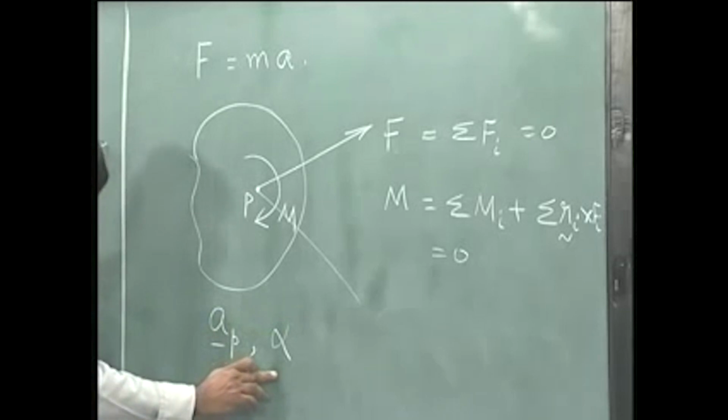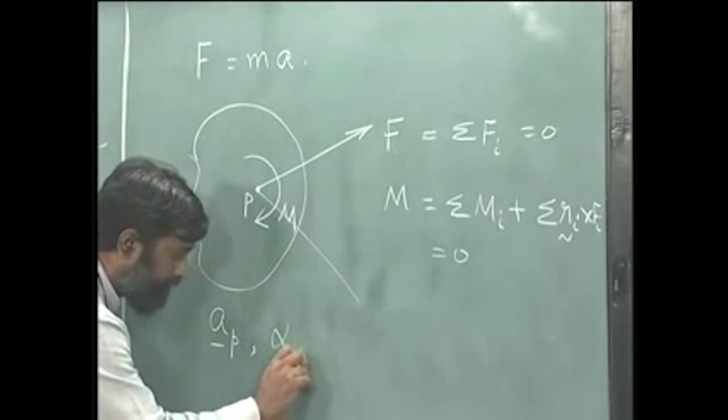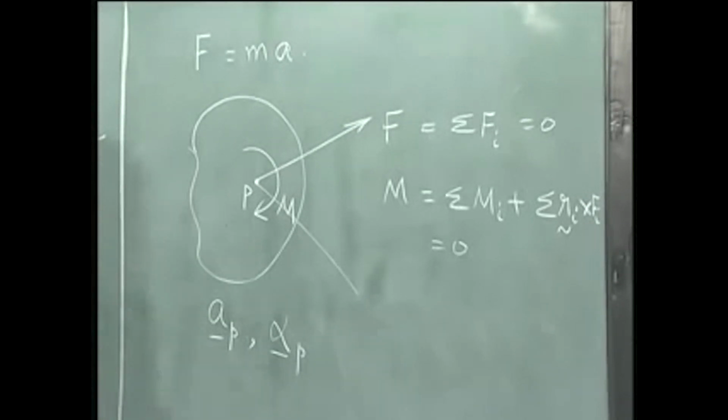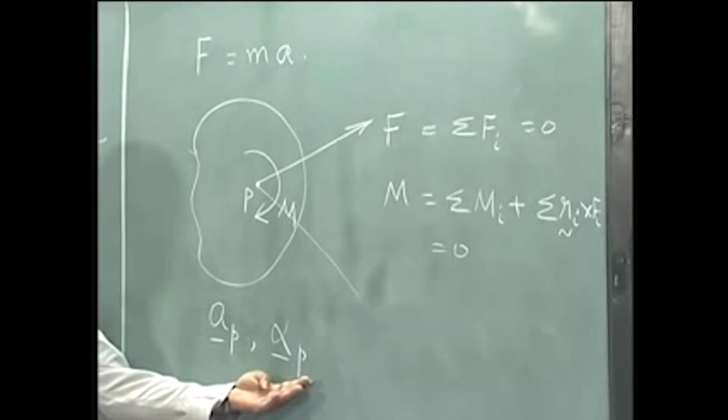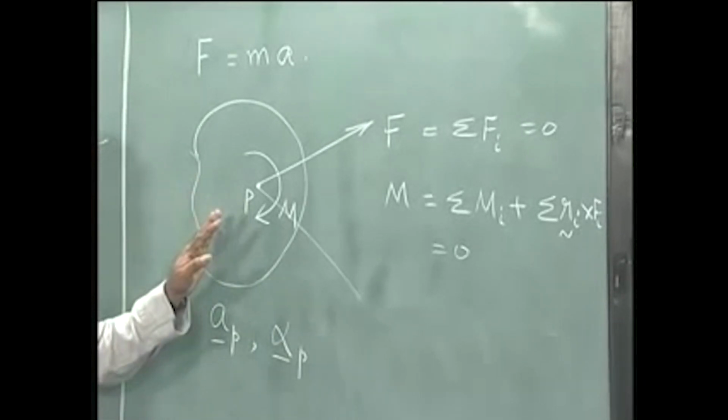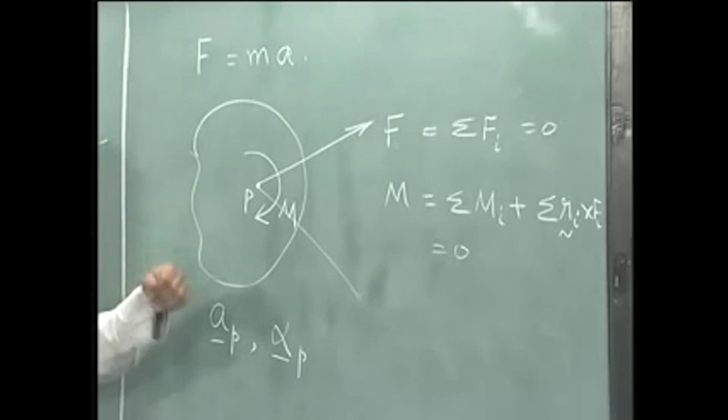Is this a vector? Yes, this is a vector, because you will have an axis about which it is rotating, and there will be an angular acceleration. Knowing these two, I am ready to write down Newton's equations.